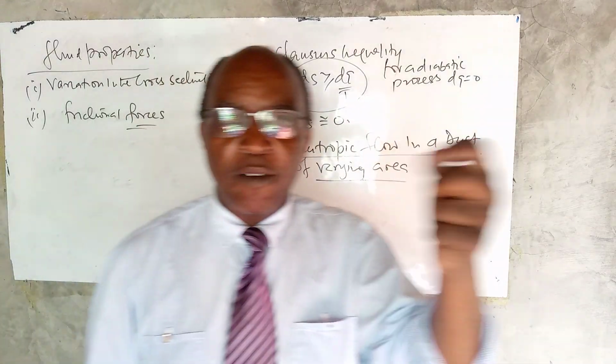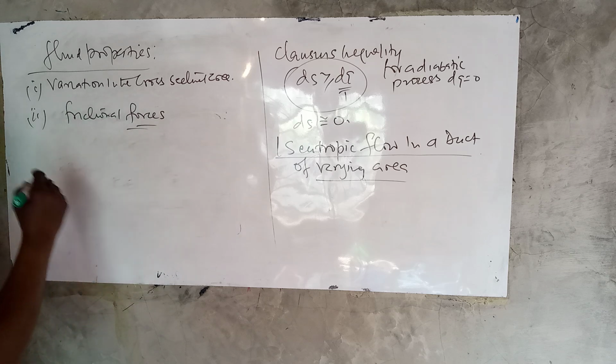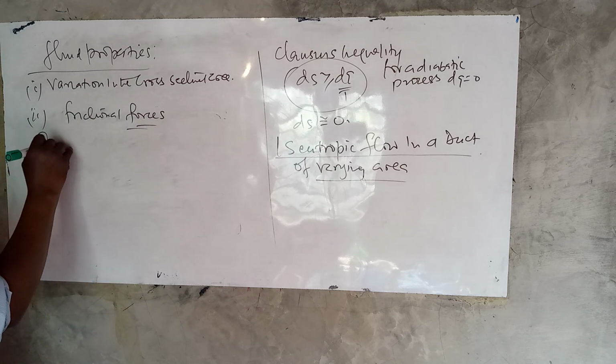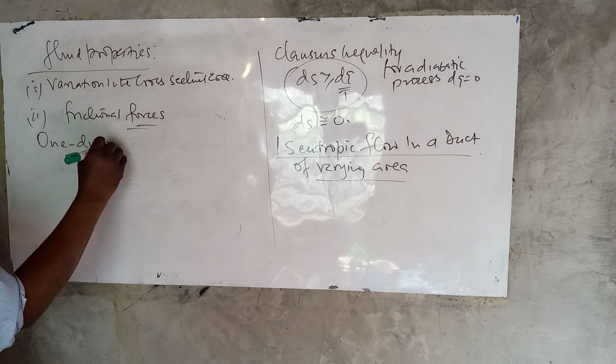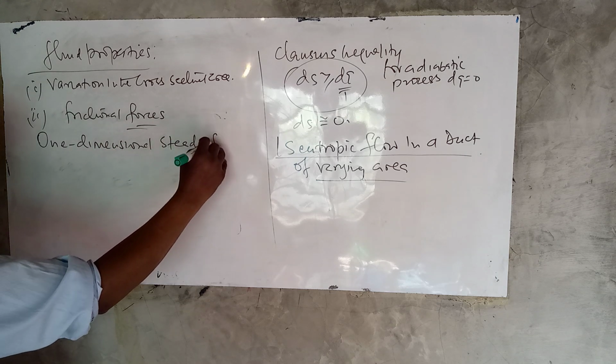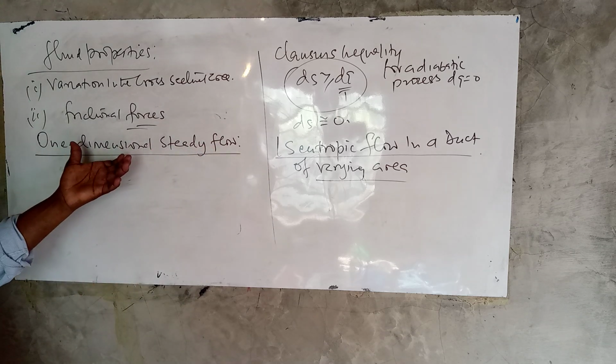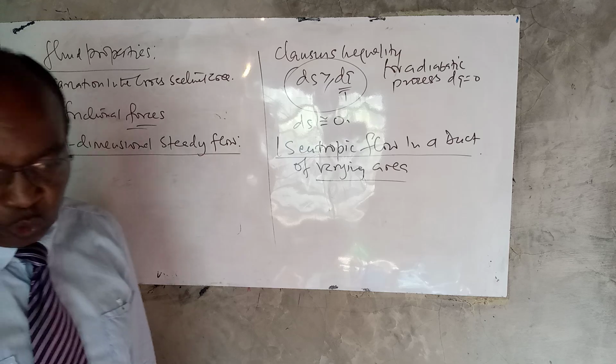Now, when we talk of the one-dimensional steady flow equation, this is a relatively ideal type of situation.